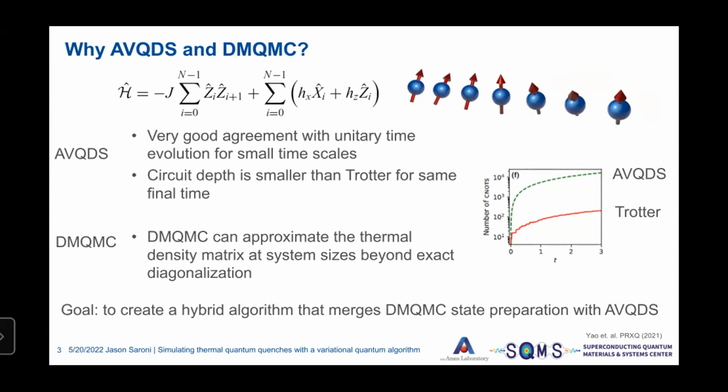And from the DMQMC side, we can approximate thermal density matrices at system sizes beyond exact diagonalization. So this method is attractive to merge with AVQDS, where we can get quantum advantage while also looking to study bigger system sizes.